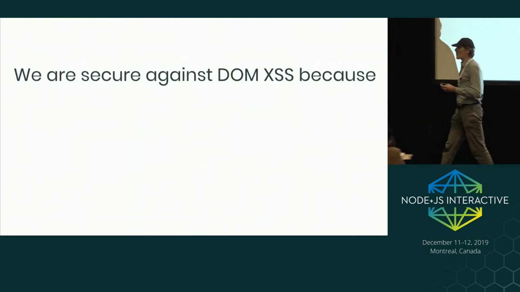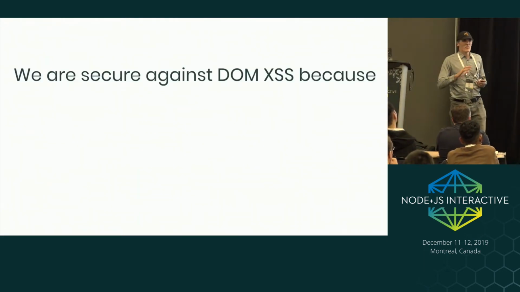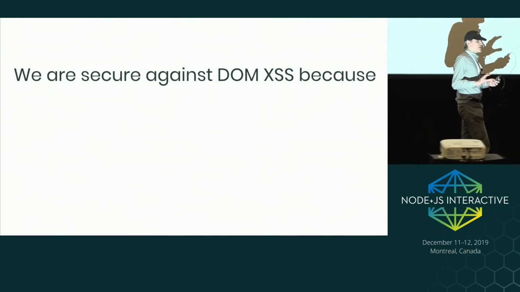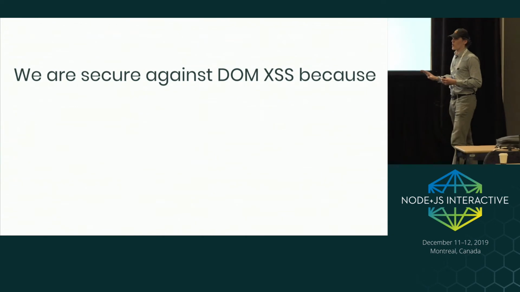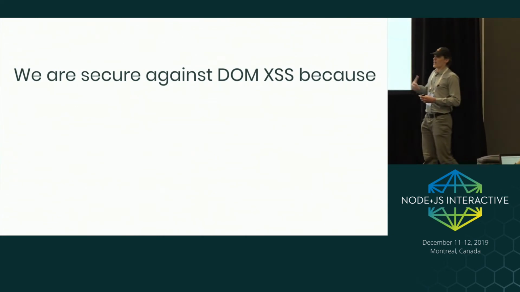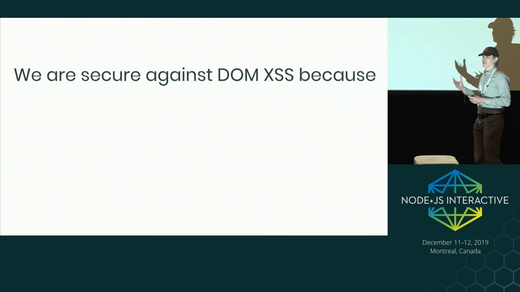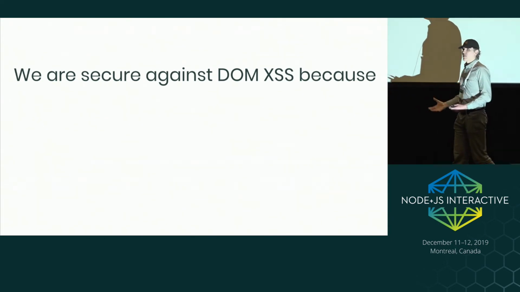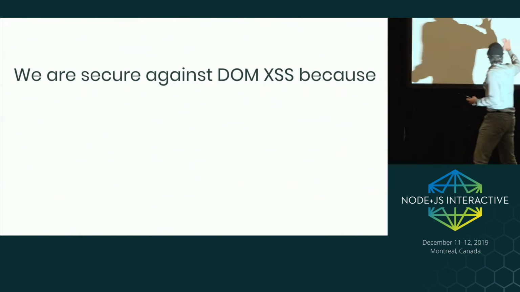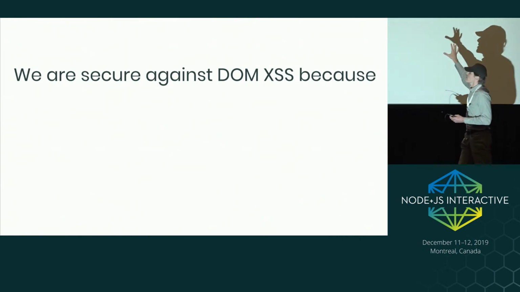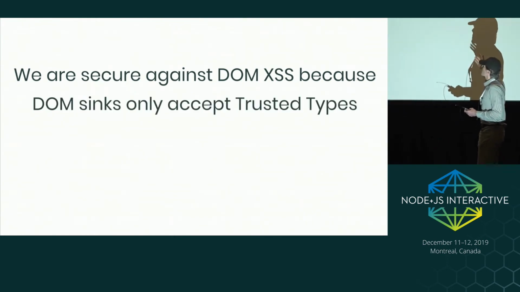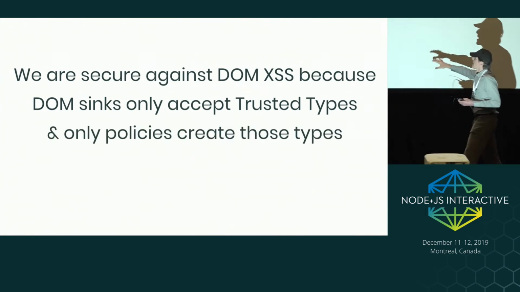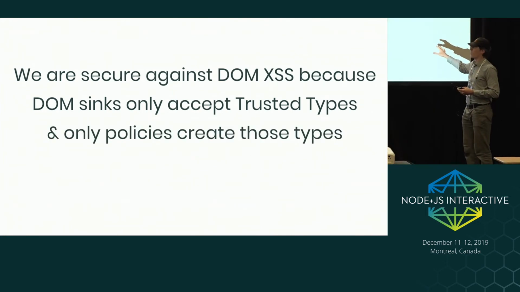And I think when trying to craft a security mechanism, it's worth explicitly stating what it is that you're providing. So what Trusted Types does is it allows you to make arguments like this. We, the application development team, with our security support people, are producing code that is secure against DOM XSS because DOM sinks only accept trusted types, and only policies can create those types.